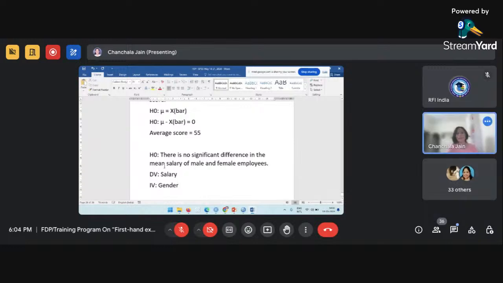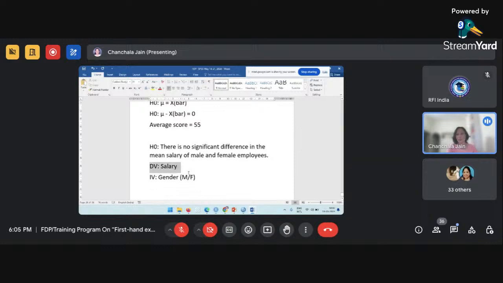I can write the dependent variable is salary, and the independent variable is gender with two labels or two groups, male and female. This is the basic requirement we have seen. The dependent variable is continuous in nature, and gender is categorical in nature, right? Is it clear?